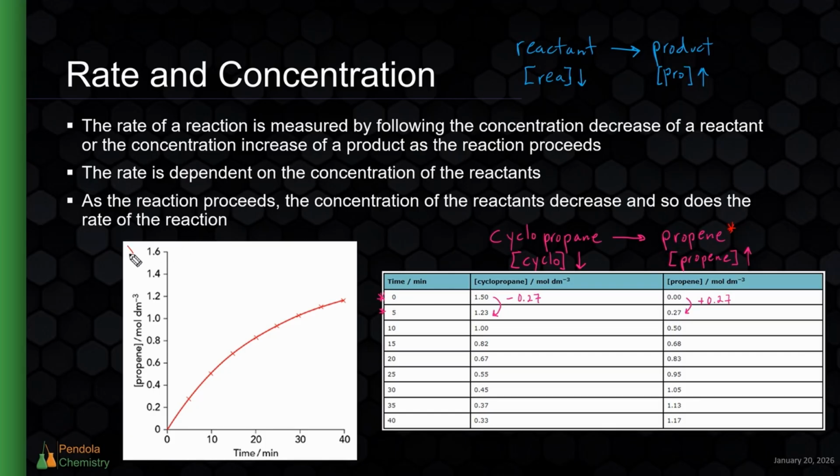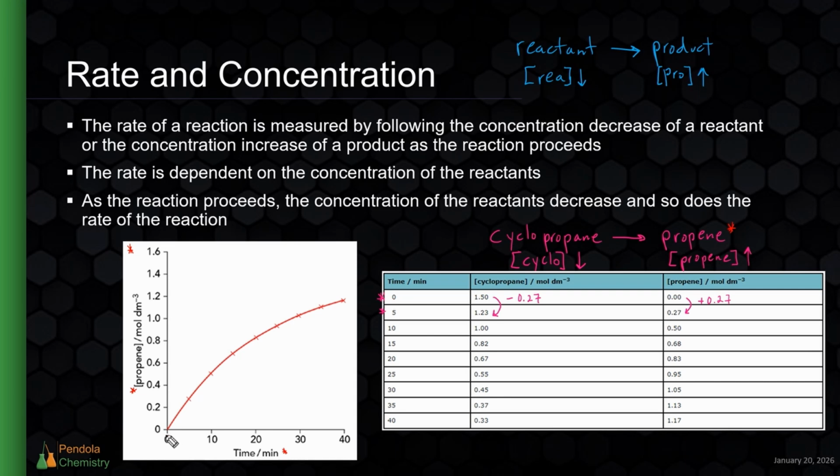That's what this graph over here is. This is a graph of the concentration of propene versus time. Essentially, we're looking at how the concentration of propene changes over the length of this reaction in minutes.